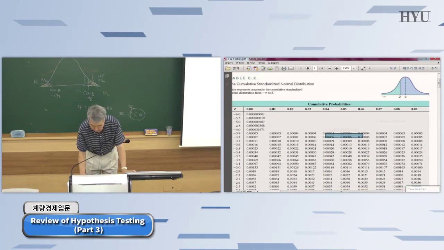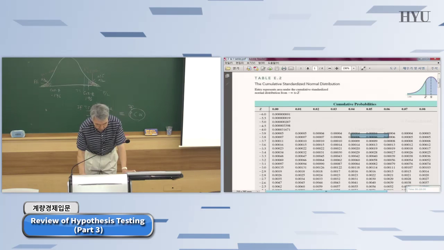And if you look at this illustration, this table shows this green shaded area, in other words, the left tail area outside the corresponding z statistic, right? So our test statistic was negative 2.0, right?